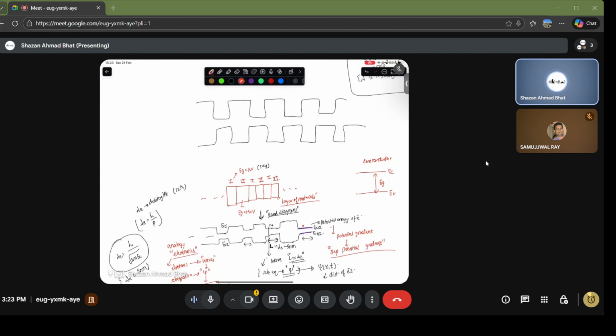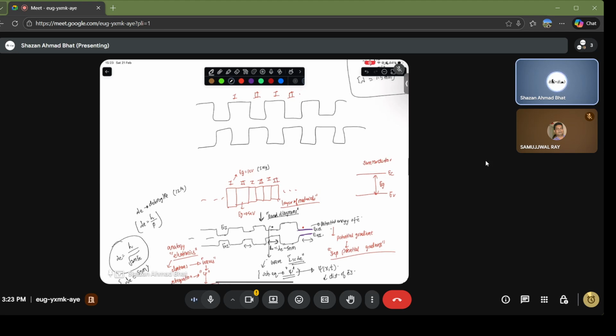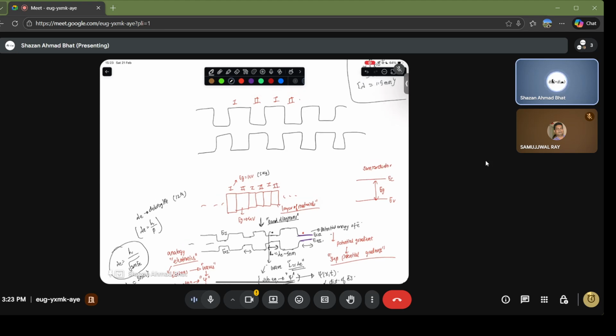For example, this was material 1, this was material 2, 1, 2, so on and so forth. So you had an energy level. This was the conduction band for the second, this was the valence band for the second. You had an electron here. You solved the Schrodinger equation.